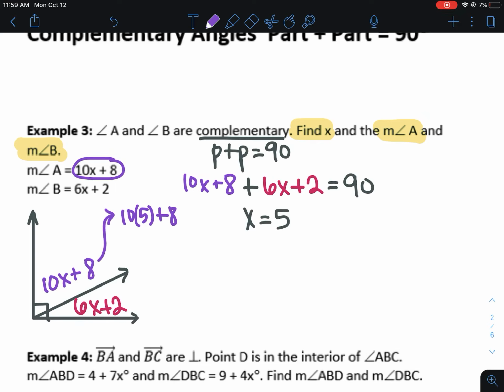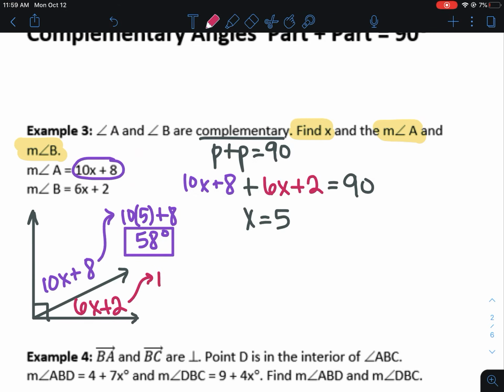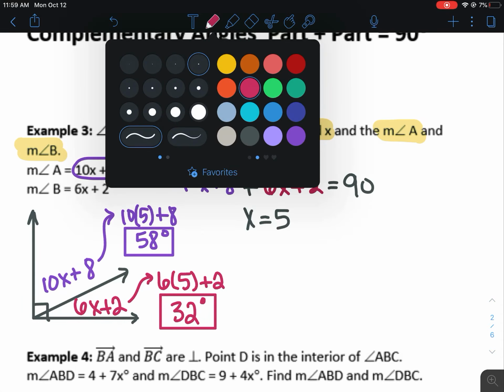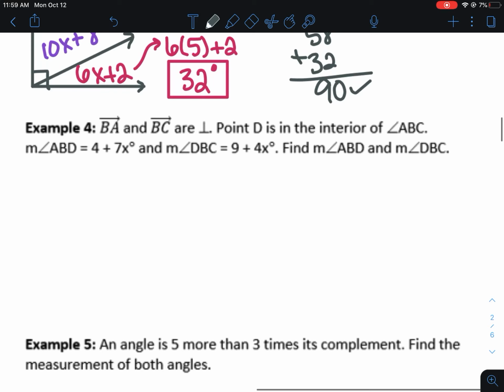Okay, so that's going to be 10 times 5 plus 8, which is just 58 degrees. And then we're going to plug it into the second angle. So that's going to be 6 times 5 plus 2, which is 32 degrees. And of course, you want to double check your answer by adding those two angles. So 58 plus 32, you want to make sure it equals 90. Just check your answer.